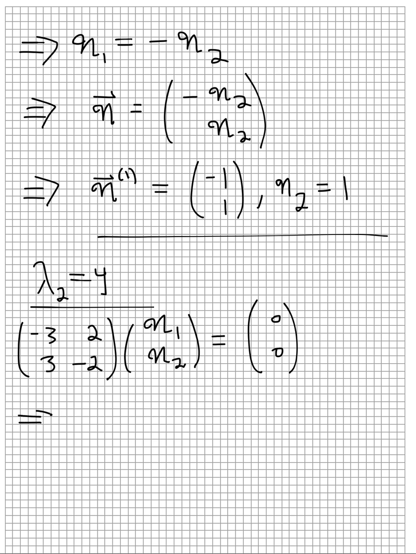And this is going to imply we have -3 nu1 plus 2 nu2 equals 0. So this implies that nu1 is equal to 2 over 3 nu2.